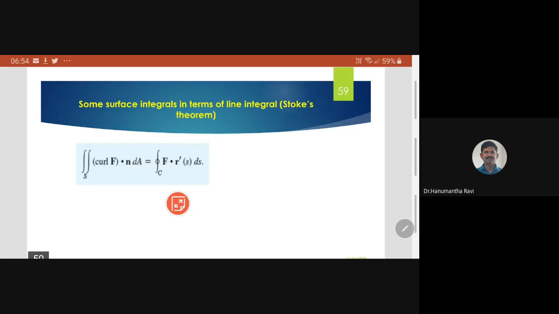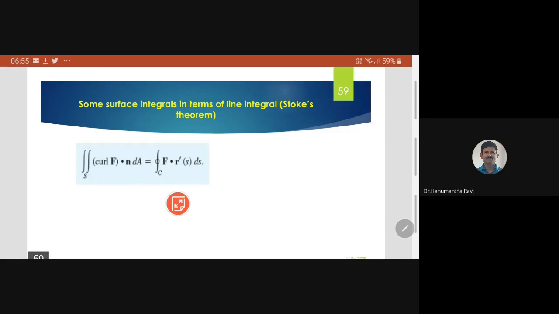Whenever we say it is a level surface, it will be represented by phi of x, y, z equal to c, say, and you know how to calculate n bar. That n bar is dou phi by dou x i bar plus phi y j bar plus phi z k bar. Normalize it. That normalized vector is represented by n bar. That's all about Stokes theorem.